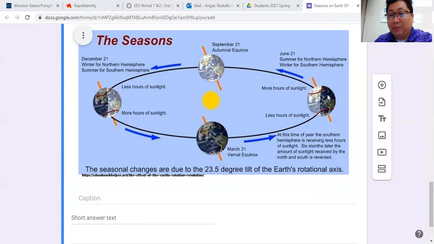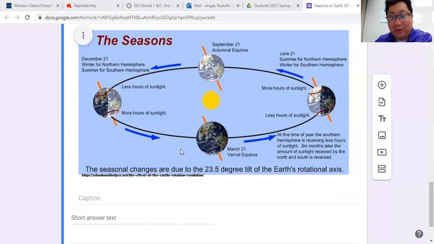As opposed to summer, when these areas here receive sunlight 24 hours. So it's always daytime when it's summer, and here it's always nighttime when it is winter to us. So remember, the season in the northern hemisphere is opposite to the season in the southern hemisphere.